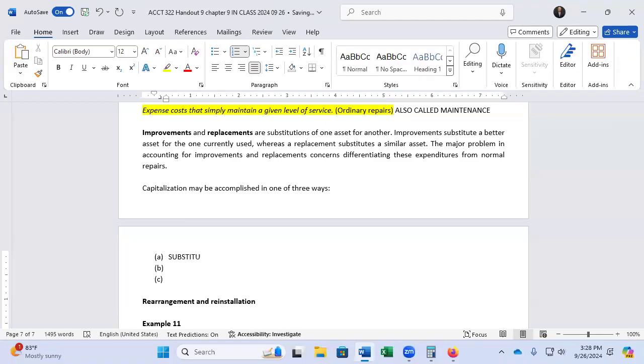Substituting the cost of the new asset for the cost of the replaced asset.